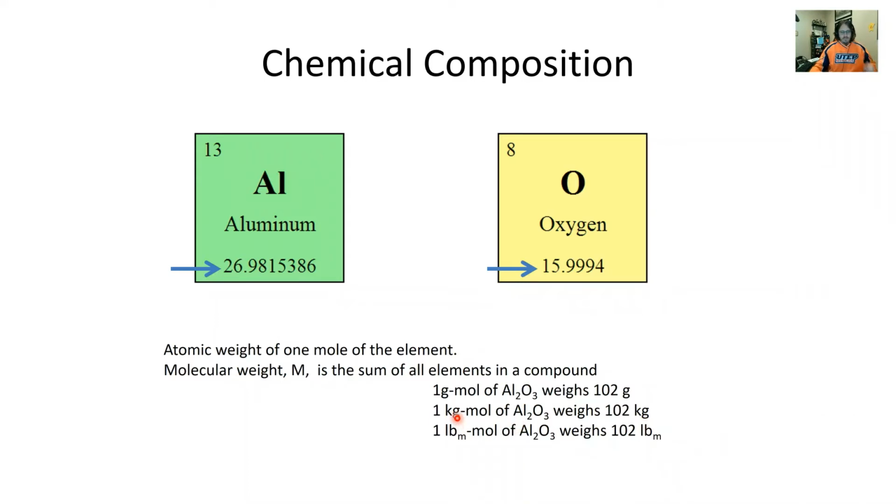Generally when you say mole, you mean a gram mole, but you can also work in different flavors of moles. Let's take a look at an example and do a little conversion so you can see why you want to use different types of moles in some of these calculations.